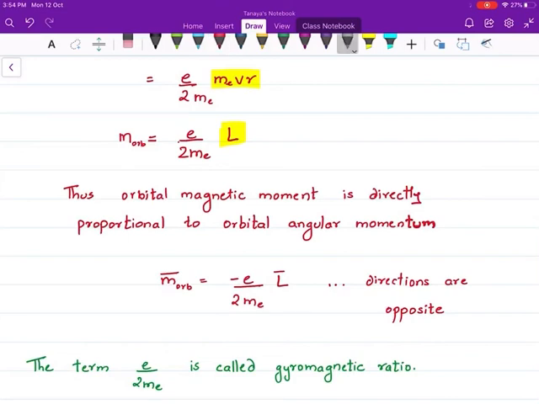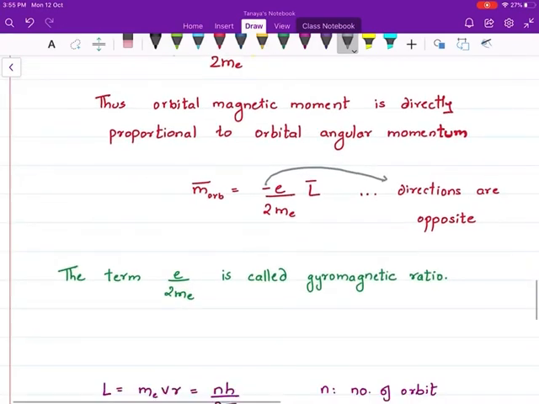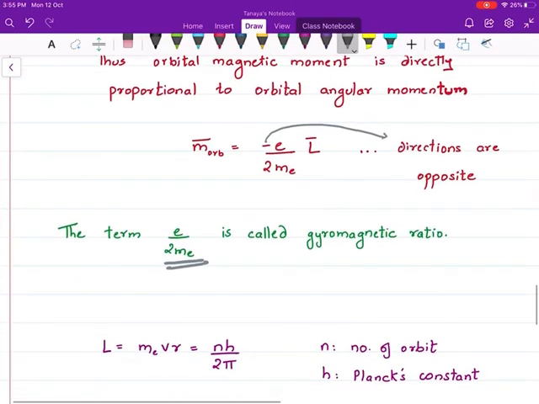M bar and L bar are oppositely directed. And this particular term, E upon 2me, is called the gyromagnetic ratio. This formula is also important because you can get problems to find the gyromagnetic ratio. So E upon 2me is the gyromagnetic ratio.